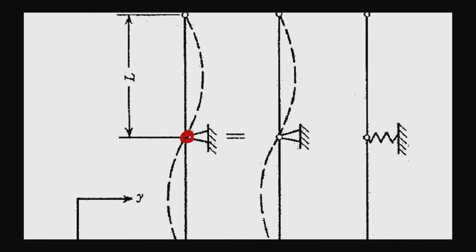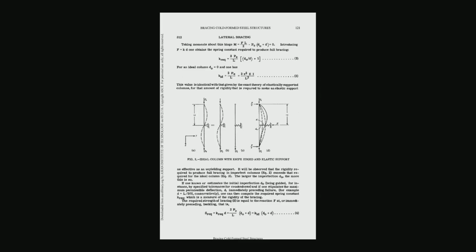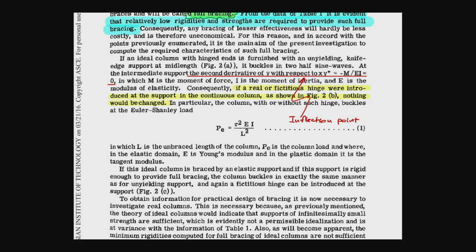The inflection point has zero moment, and with zero moment, you can put the hinge there. It could be a fictitious hinge, or if you put a real hinge, it doesn't change your solution. And in particular, the column with or without such a hinge buckles at the Euler load.